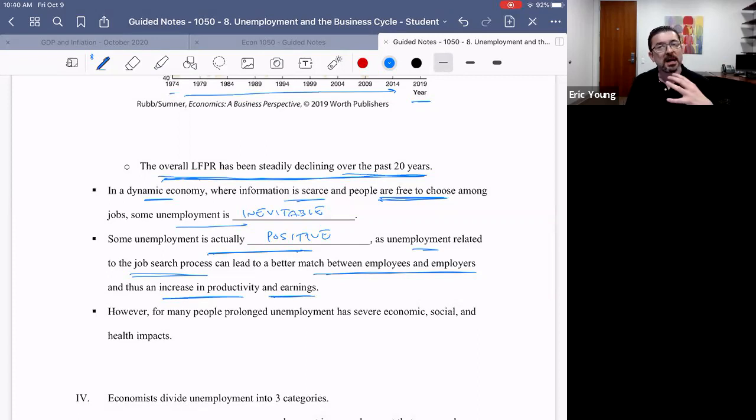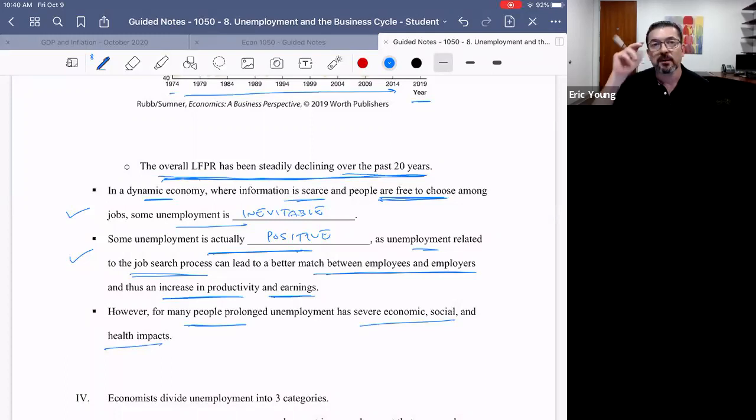So again, unemployment's kind of complex. You know, there's a lot going on jargon-wise and term-wise. We know that some is going to be inevitable. And now I just pointed out that some might even be positive. Okay? So there's a lot going on here. But at the end, it's important to bear in mind that at its core, especially when it's involuntary, for many people, prolonged unemployment can have some significant economic, social, and health impacts.